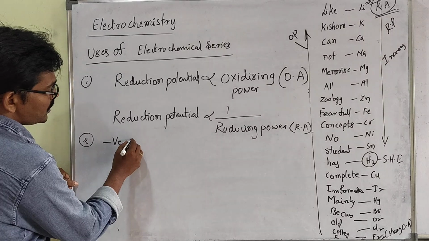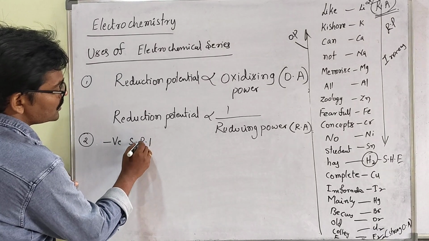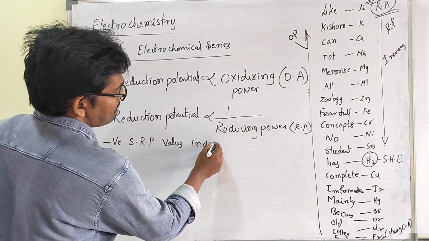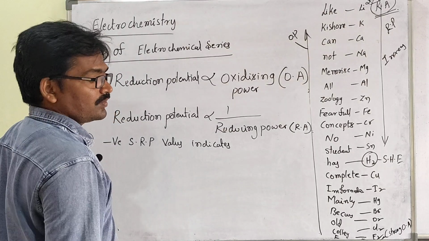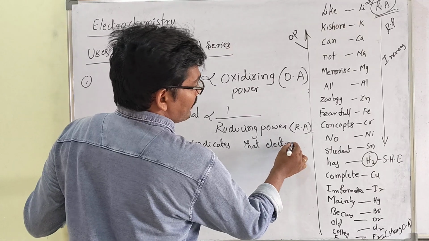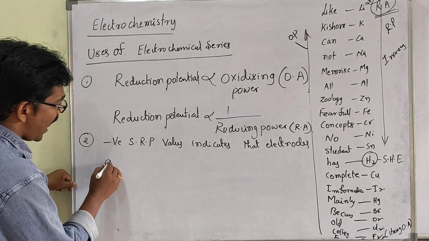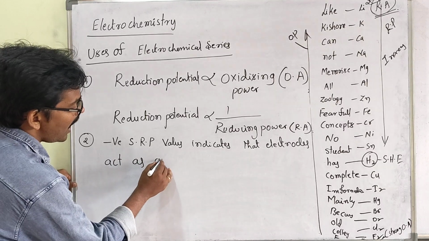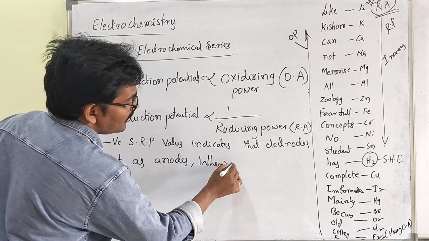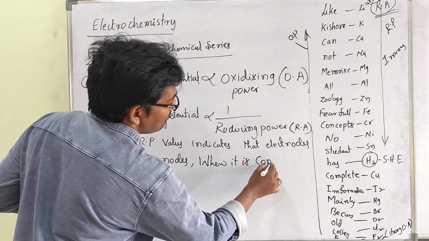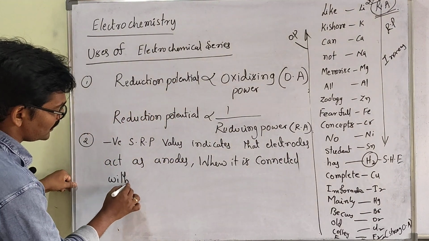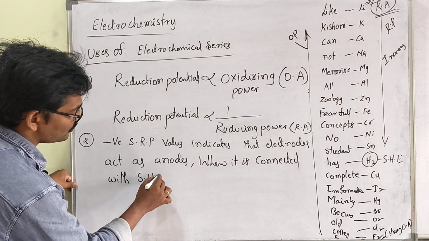Negative standard reduction potential values indicate that electrodes act as anodes when connected with SHE, the standard hydrogen electrode.